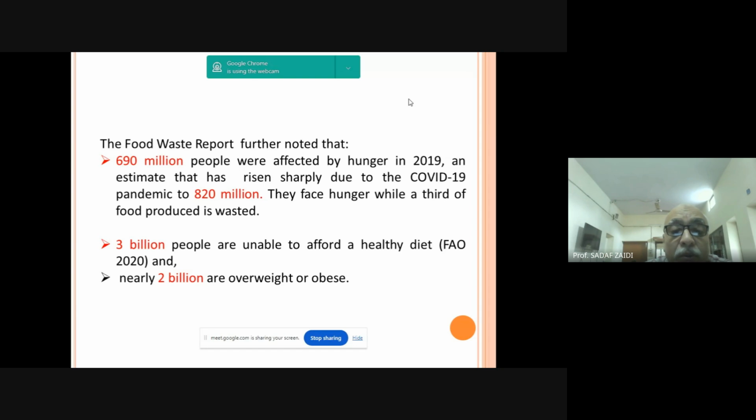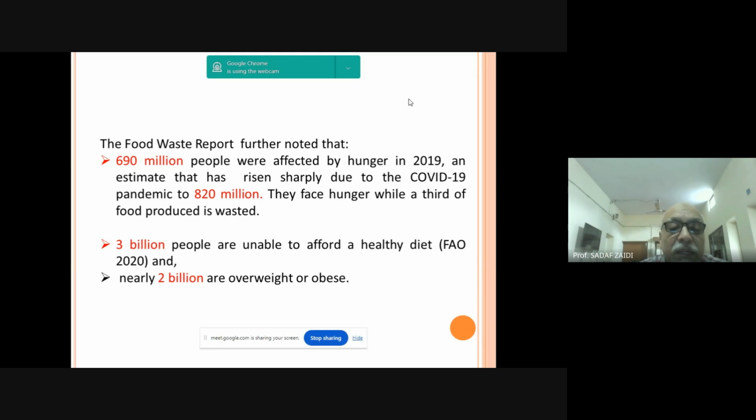Okay, so on one hand, this is a paradoxical situation that we are facing. On one hand, we've got so much food which we are wasting. On the other hand, a third of the people, you see 820 million people, they are on the verge of starvation. Okay. And then 3 billion people are unable to afford a healthy diet.